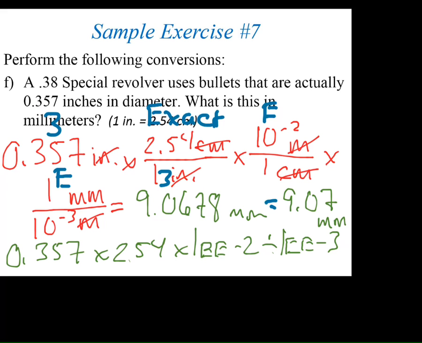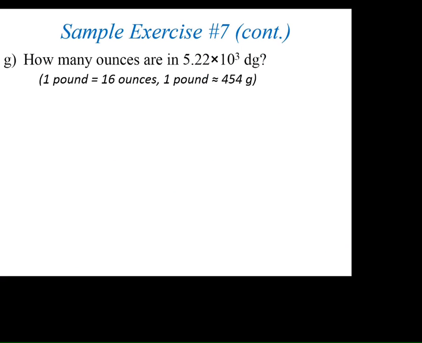Okay, let's do maybe one more together. Let's look at this one. How many ounces are in 5.22 times 10 to the third DG? What is DG? Decigrams, right. Decigrams, good. Okay, so try that out.